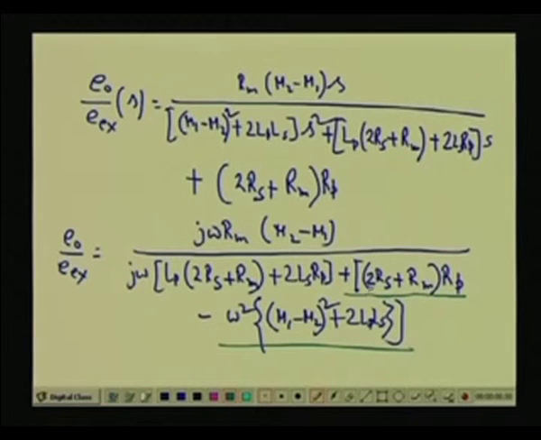So, this entire term, that means 2 RS RM multiplied by RP minus omega square ((M1 minus M2) whole square plus 2 LP LS) should be 0. To make the input output phase shift 0, the last term of the denominator is to be 0.